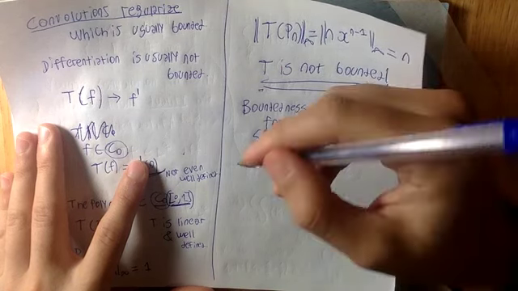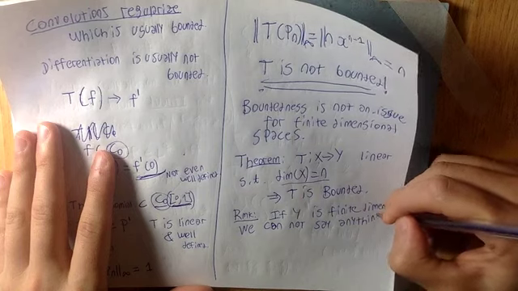Okay, so we don't actually need to check anything in this case. And a remark would be that if Y is finite dimensional, we cannot say much. We cannot say anything about boundedness.